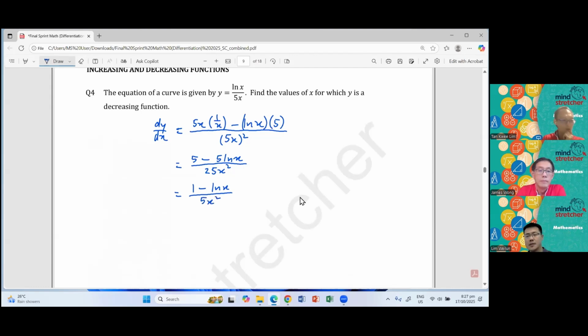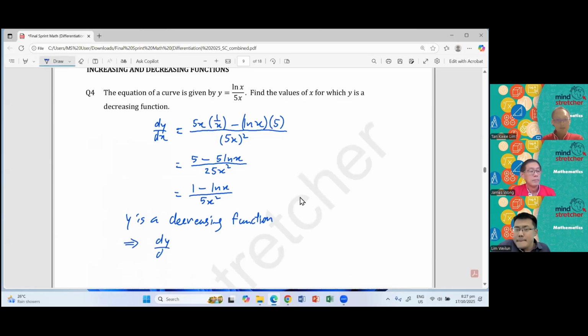It says to find the values of x for which y is a decreasing function, which means your dy/dx has to be less than 0.